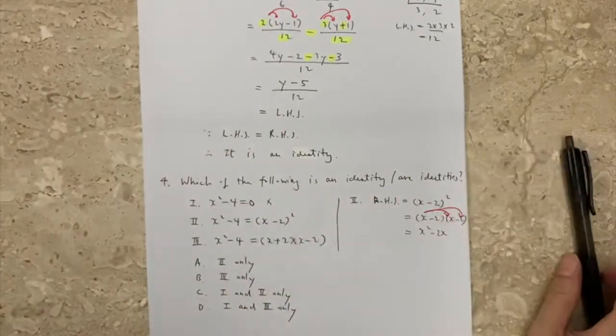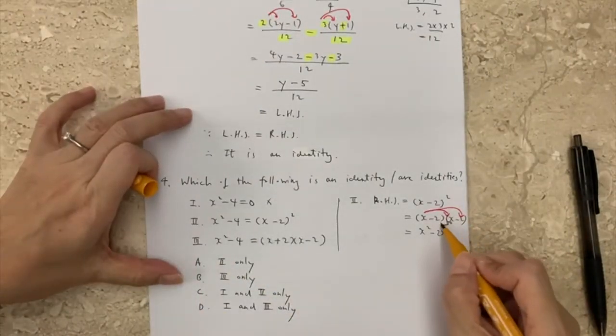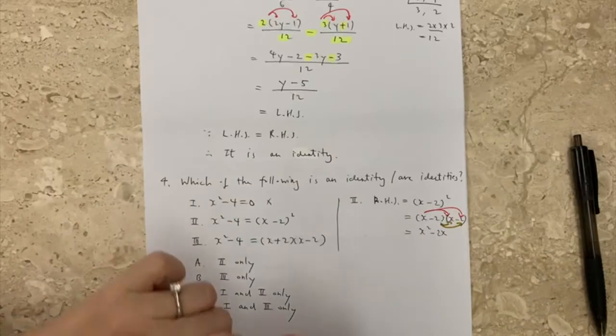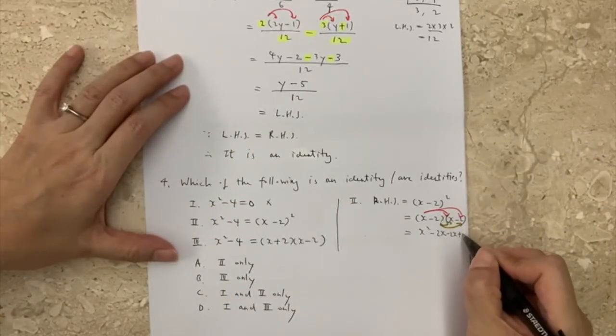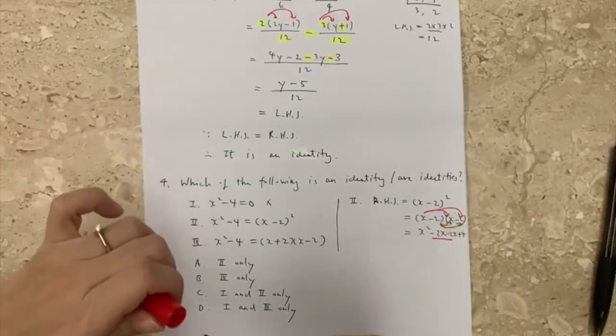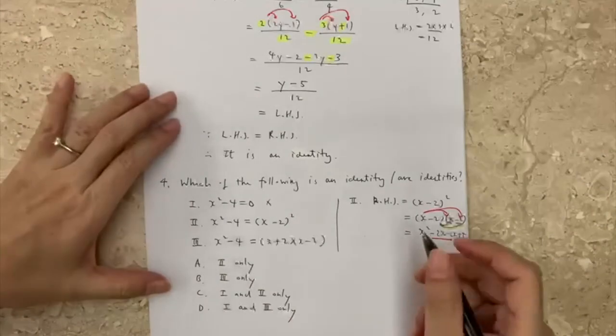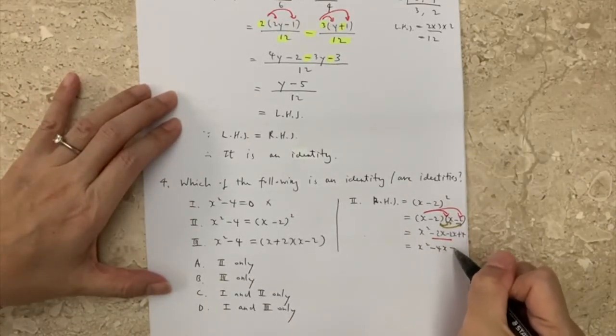After that we come to the second part, this one and this one. Again we have minus 2x and then plus 4. We can still simplify this, so we have x squared minus 4x plus 4.